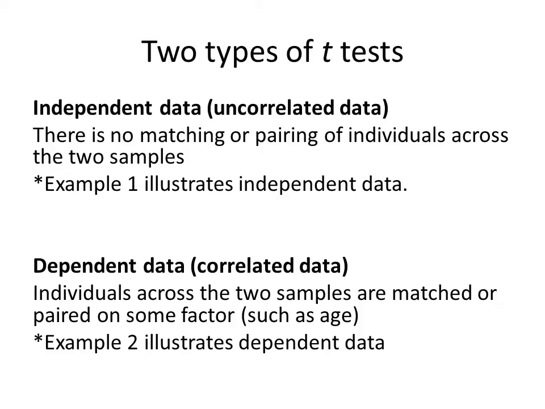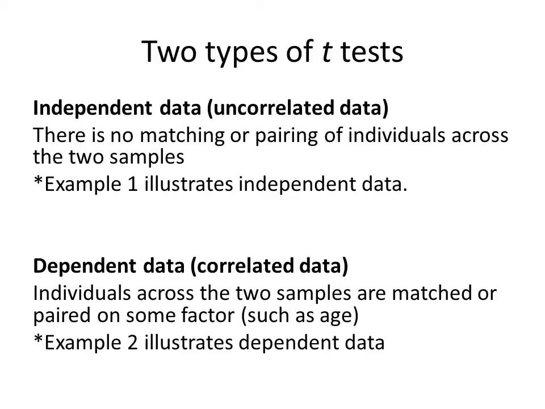So example one that we just discussed illustrates independent data or uncorrelated data, and that was that the men and women were drawn independently from the two populations without regard to whether anyone matches. So we weren't matching them on age or political affiliation or socioeconomic status or education level. So no one is matched or paired.